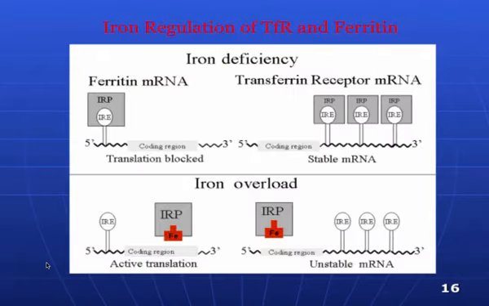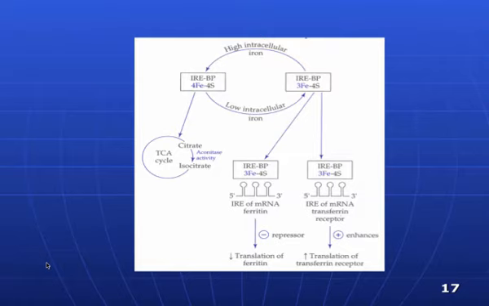Okay? Now this is a slide that your textbook has that is a nice overview of what we just talked about. We said, for example, in high intracellular iron, we have 4 iron, 4 sulfur clusters. So this is IRE-BP. This is showing it's part of the TCA cycle. And here's Aconitase.